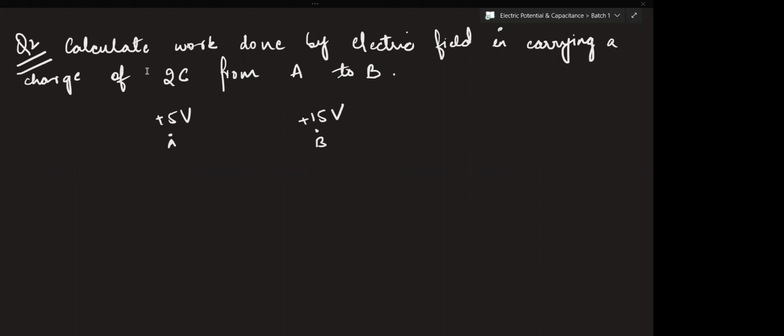See, Sara and Khalid, now the charge is not electron. Electronic charge is not there. Charge is given to you as 2 coulombs now. Charge is already given to you as 2 coulombs. Salman, you also try.